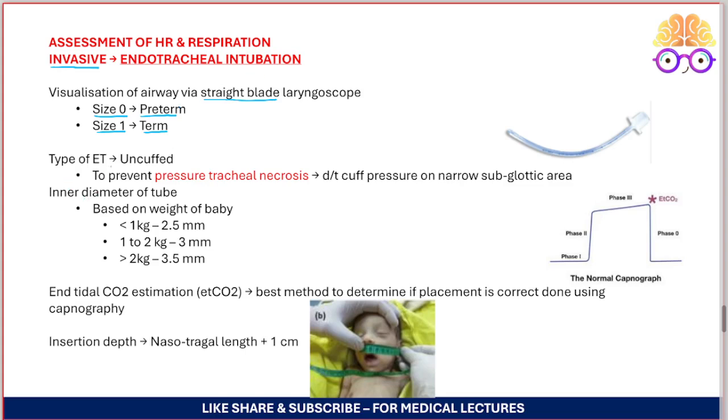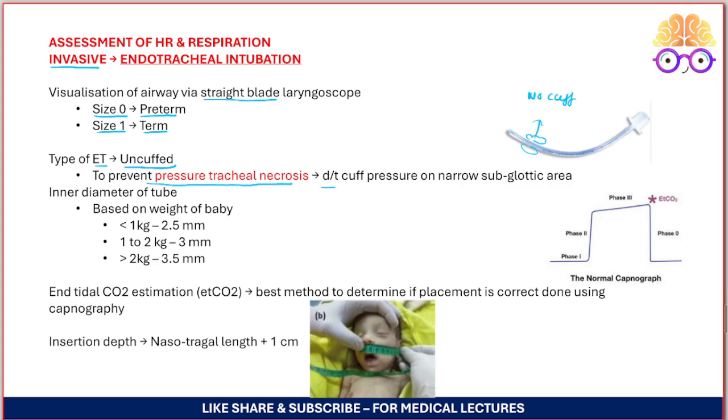Now the type of endotracheal tube. It is uncuffed. You can see over here there is no cuff present. In adults we have a cuff present, and we need to inflate it with air. So why uncuffed? To prevent pressure tracheal necrosis.